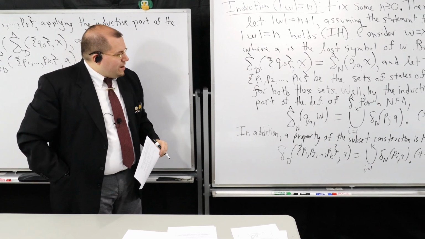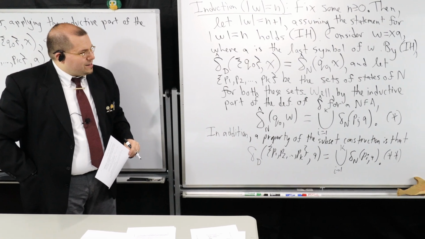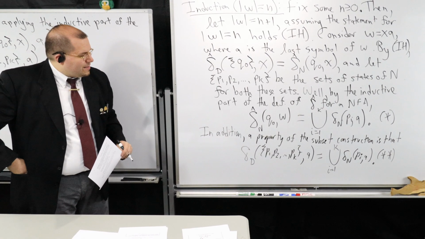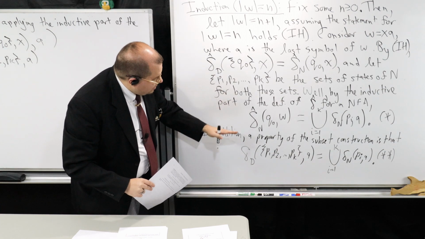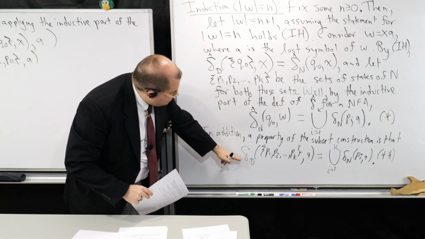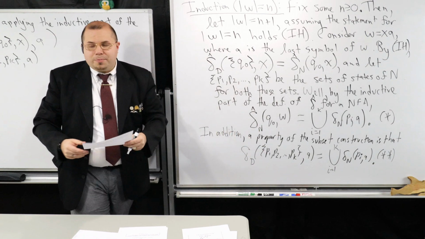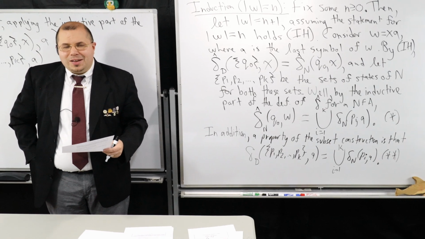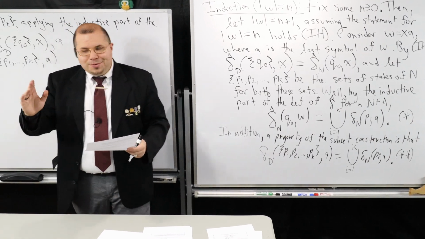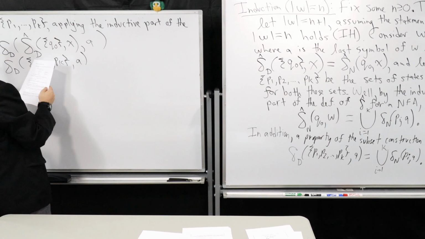I gave them names. Which one? Yeah, there's star here and then there's double star. But notice this one is the one involving delta D, so we can use this because that was a property of the subset construction. So we're going to use double star. I'm just going to invoke that.